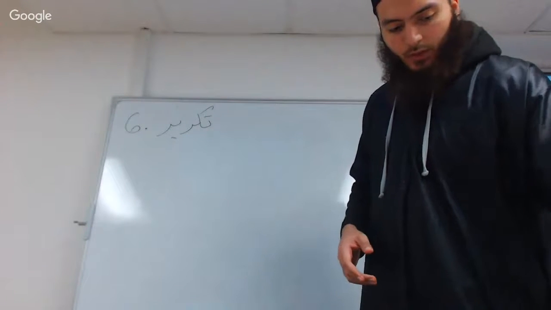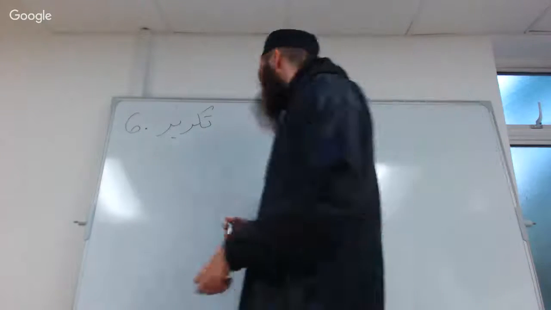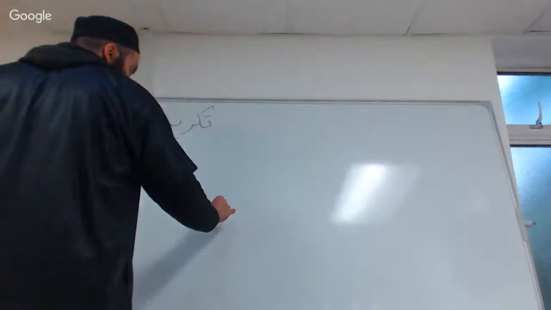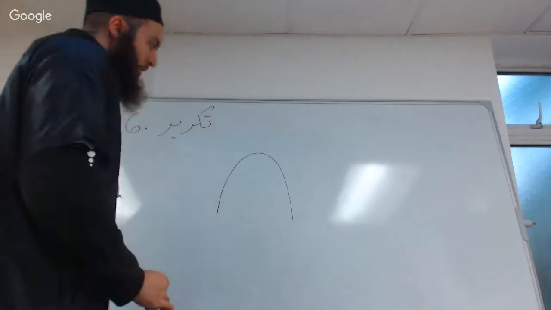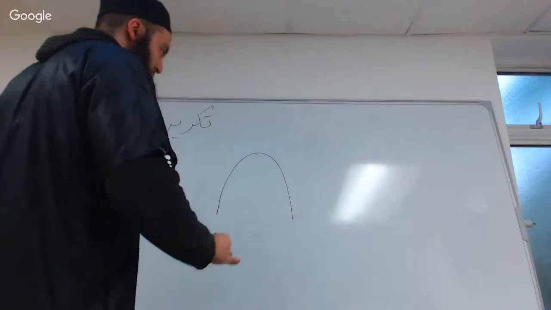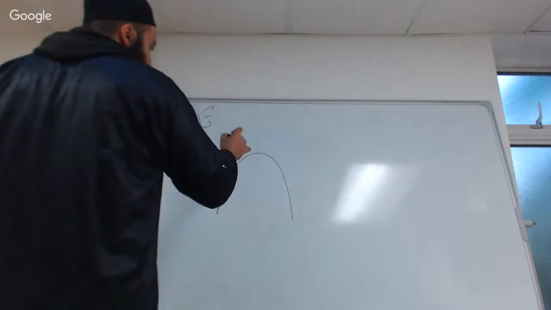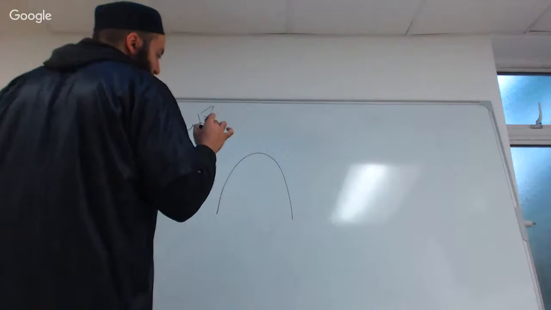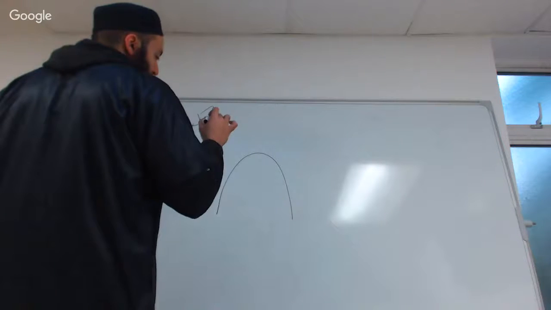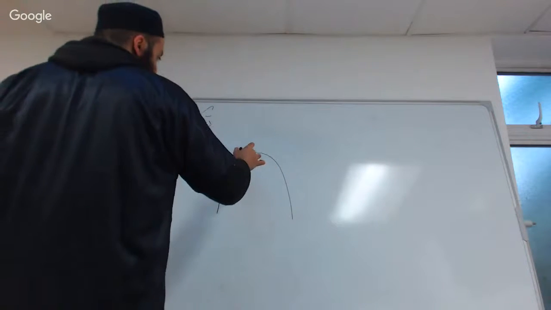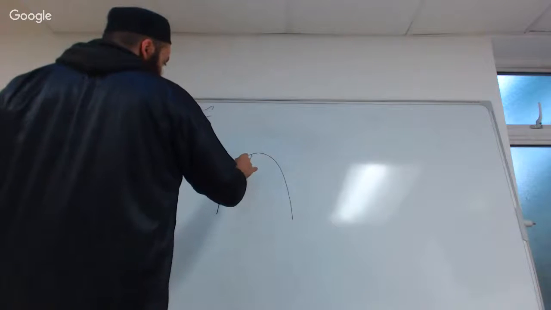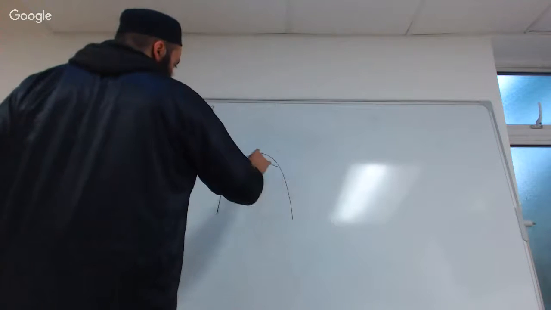So let me, in terms of the contact points, we already discussed this thoroughly when we talked about the makhraj of the ra. So this is just a recap. The points in contact of the tongue with its makhraj when it's being pronounced are these.